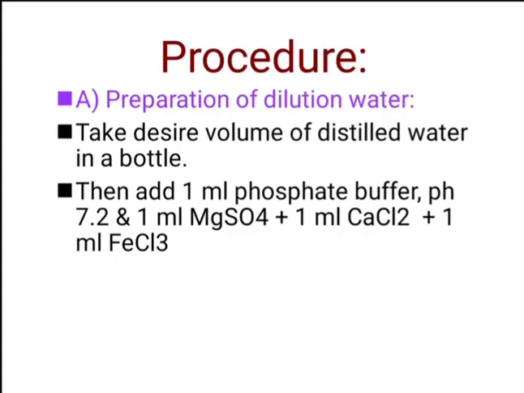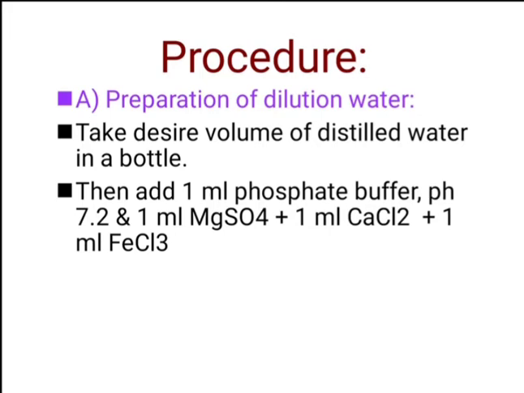And the procedure is given here for how the biological oxygen demand can be studied. In the procedure there are three parts. The first part is the preparation of the dilution water. For that purpose we have to take a desired volume of distilled water in a bottle. We require stopper bottles which have a capacity of around 300 ml.